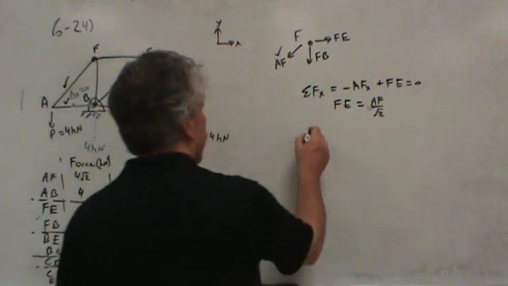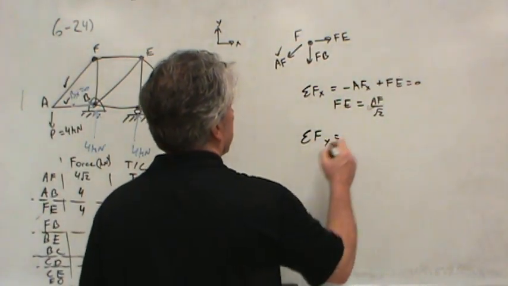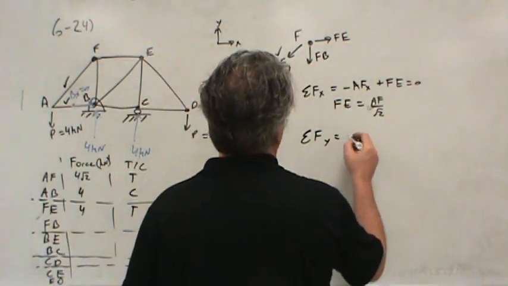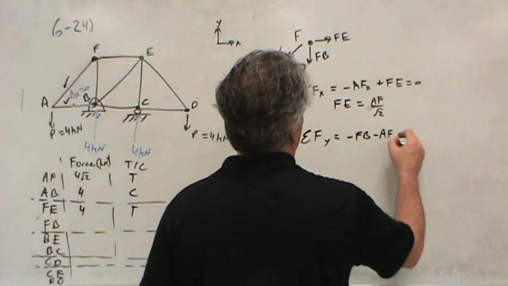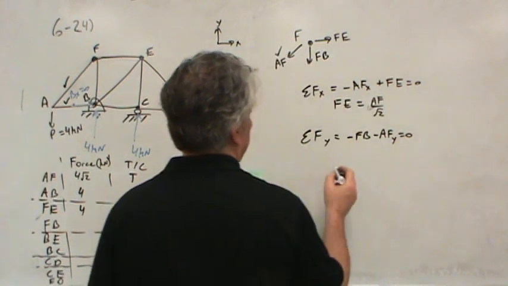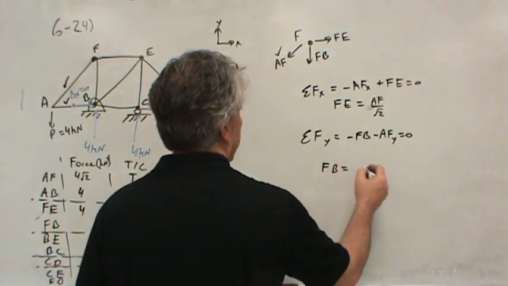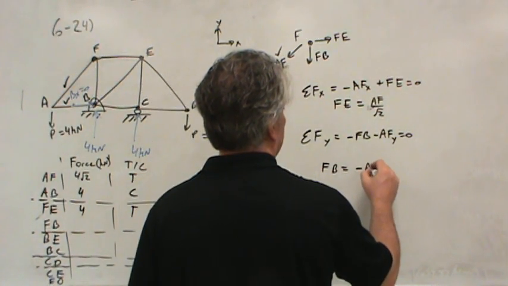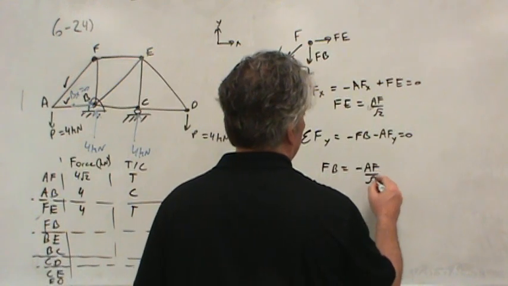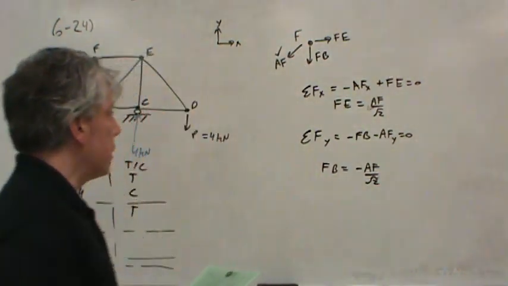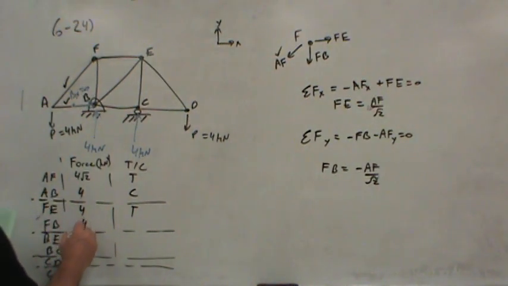Now FB we'll get by summing forces in the vertical direction. And so that would be what? Negative FB minus AFY equals 0. And here, FB then must be the negative of AFY, but AFY is just AF over root 2 again. And so here we get 4 kilonewtons, but this is a compressive load.